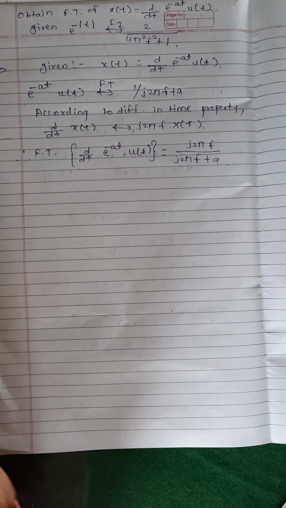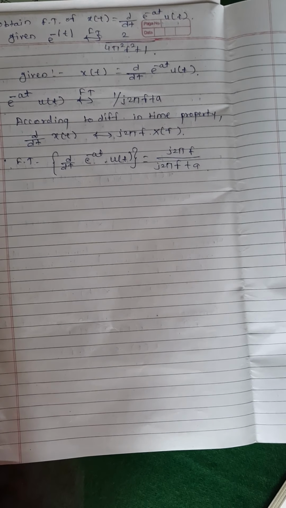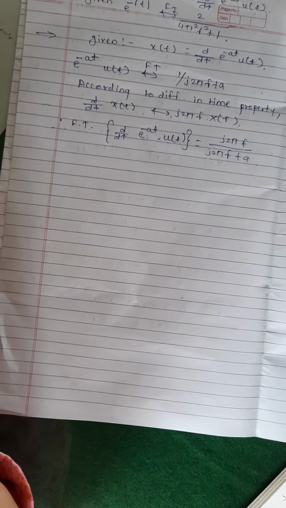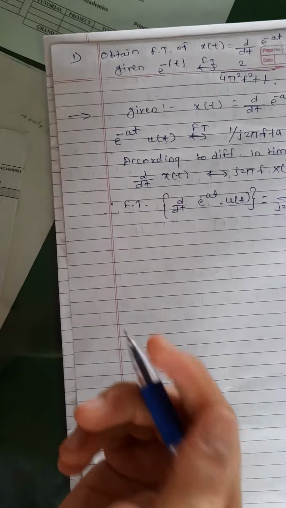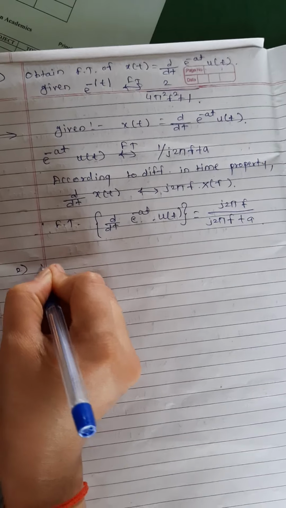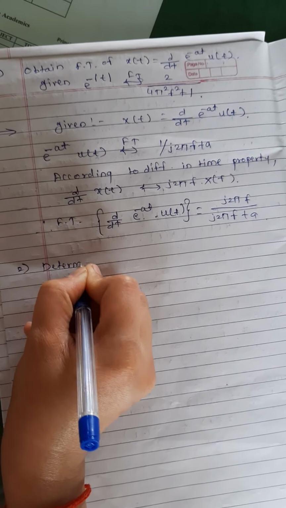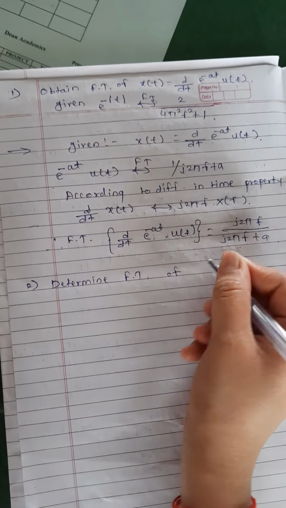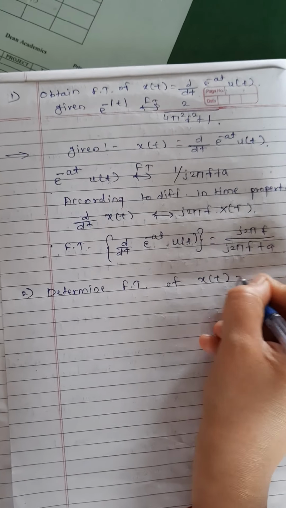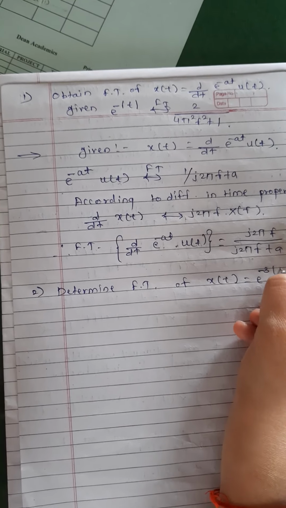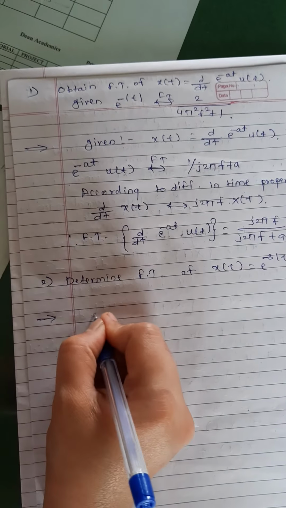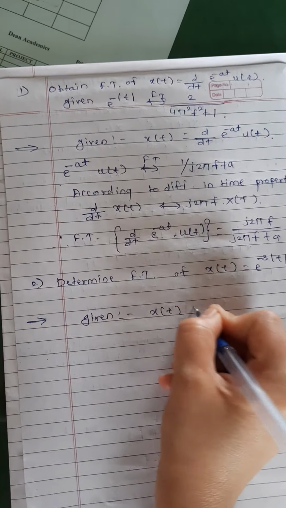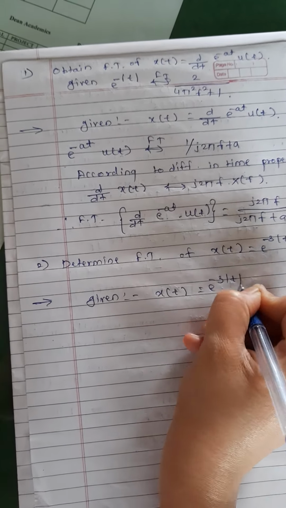Now the next problem. Determine the Fourier transform of the given signal, that is x of t equal to e raised to minus 3 mod of t. So first we write down what is given. Given is x of t is equal to e raised to minus 3 mod of t.